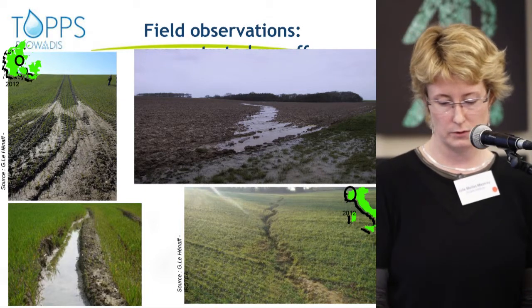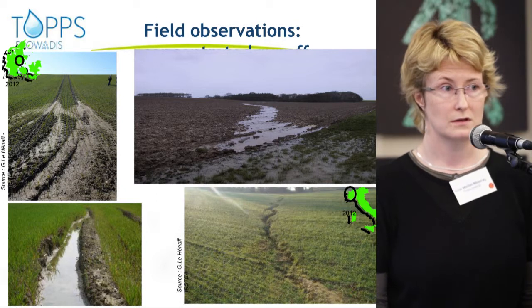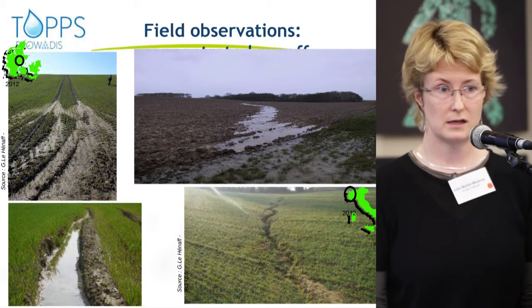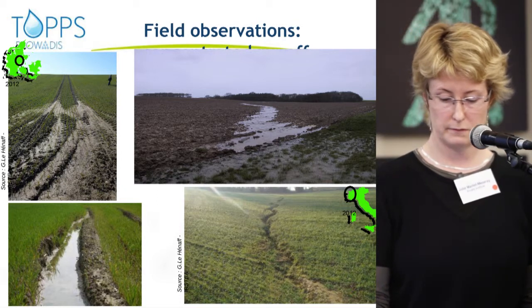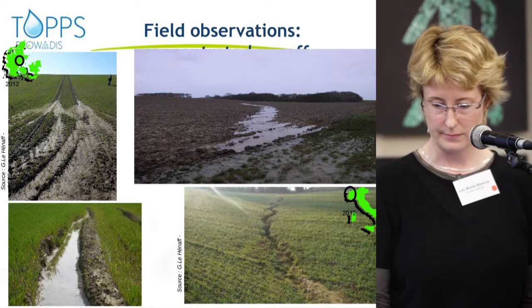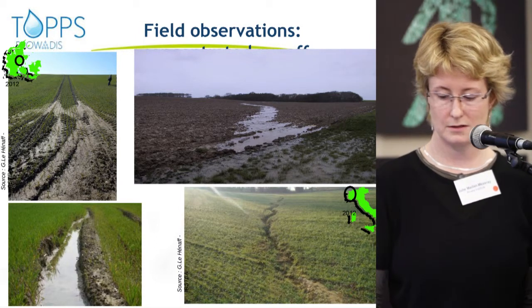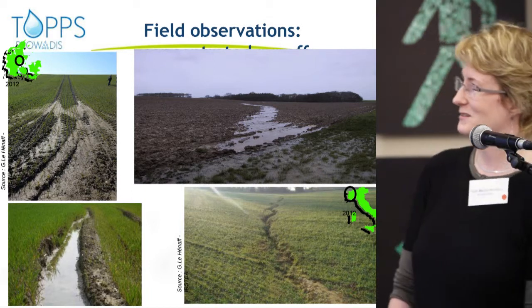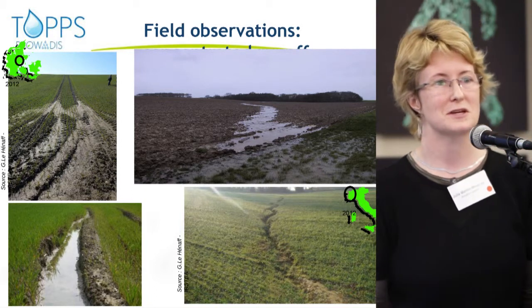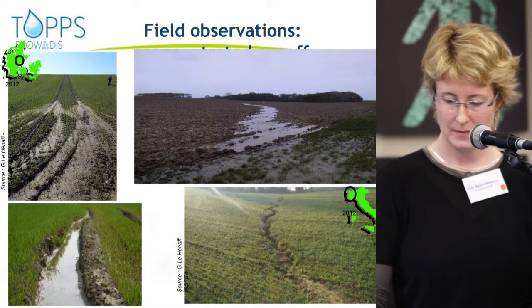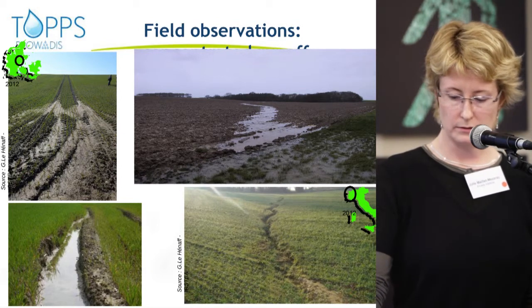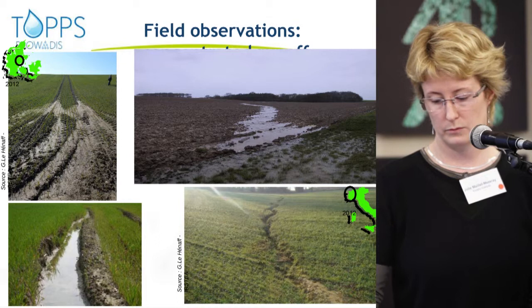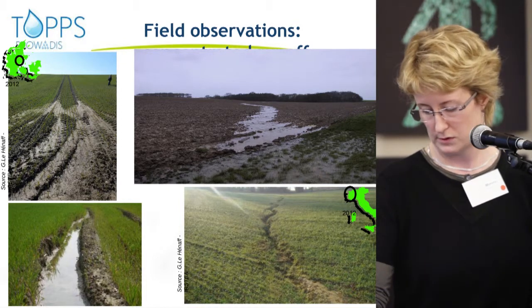And on the bottom, you have concentrated runoff in tram lines as well, but because of compaction. Then on the right side, on the top, you have concentrated runoff in the thalweg. And at the bottom, it is even pushed to erosion processes.